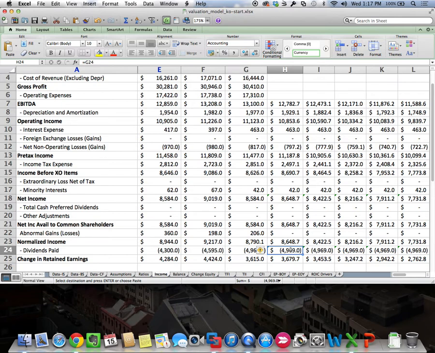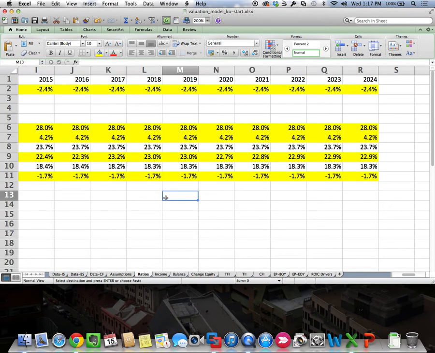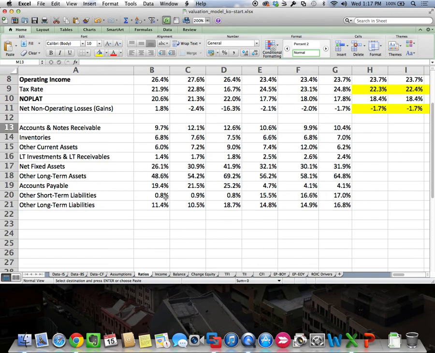Okay? All right, so back to the balance sheet. We're going to start with the balance sheet ratios. And here's where we're going to differ from the textbook reading that you did for this week. In the textbook, it talked about how the ratios need to be based on the income statement driver.